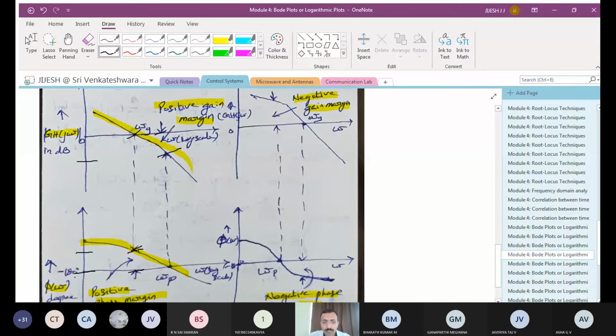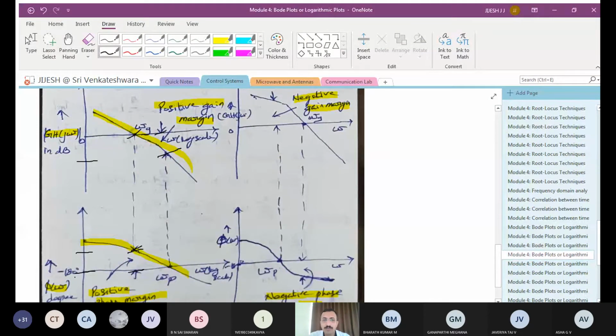That point on the axis and this point at minus 180 degrees, this difference you call the positive phase margin. So to understand the positive phase margin, you have to take from the magnitude plot where it is crossing over, extend the line towards this point, and measure this difference.